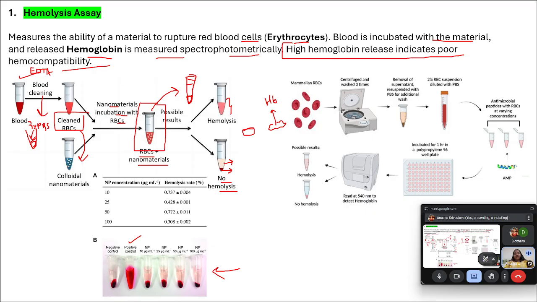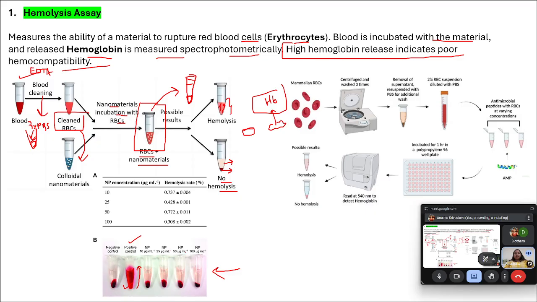The ruptured RBCs have released hemoglobin, which comes out in the supernatant. That is why it looks completely colored. So you see this color. Now it releases hemoglobin, and in the supernatant there might be some intact RBC, but mostly not.